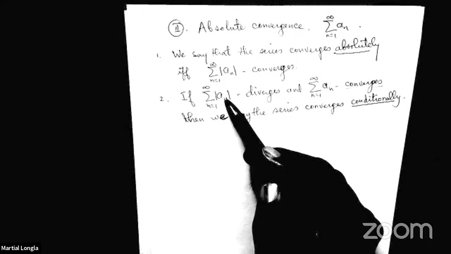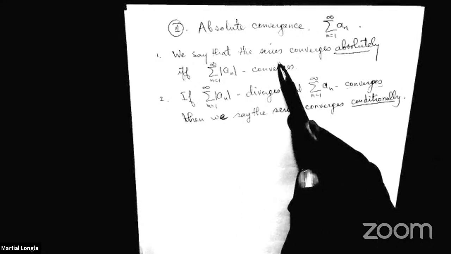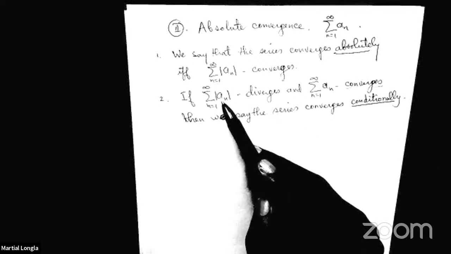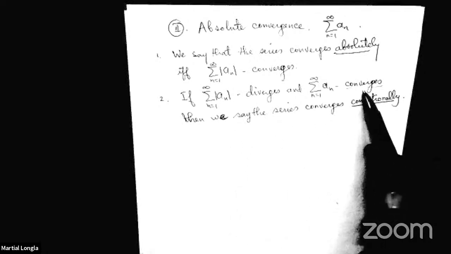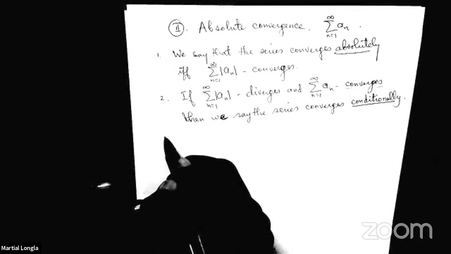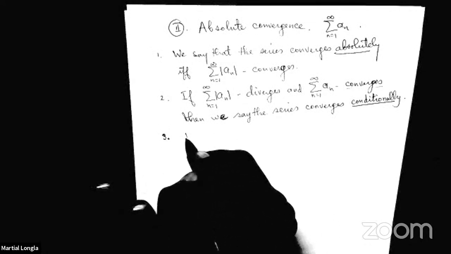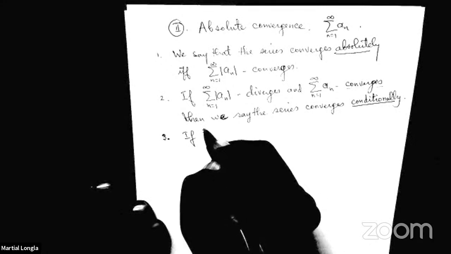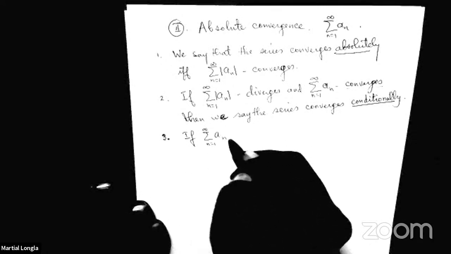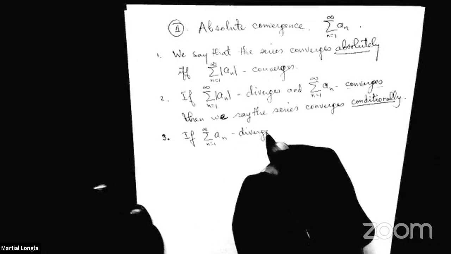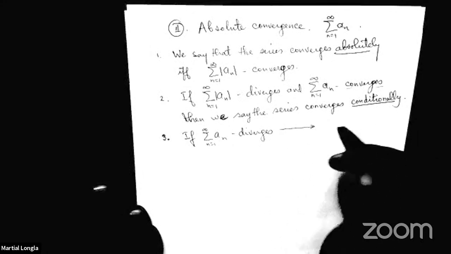If the sum of the absolute values converges, then by that first step we say it converges absolutely. If the sum of absolute value doesn't converge, and we do know that this one converges, we say we have convergence conditionally. And the third option that you have for any series is that if you start with the sum from n=1 to infinity of a_n and you see that it diverges, then you don't need to go to absolute convergence.